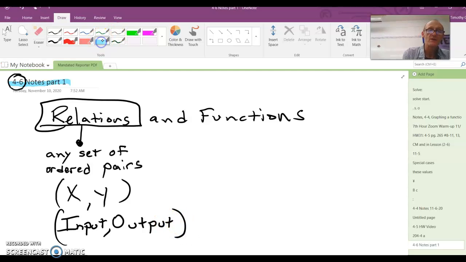The X value is the input, the number you put in for X, and the Y value is the output.